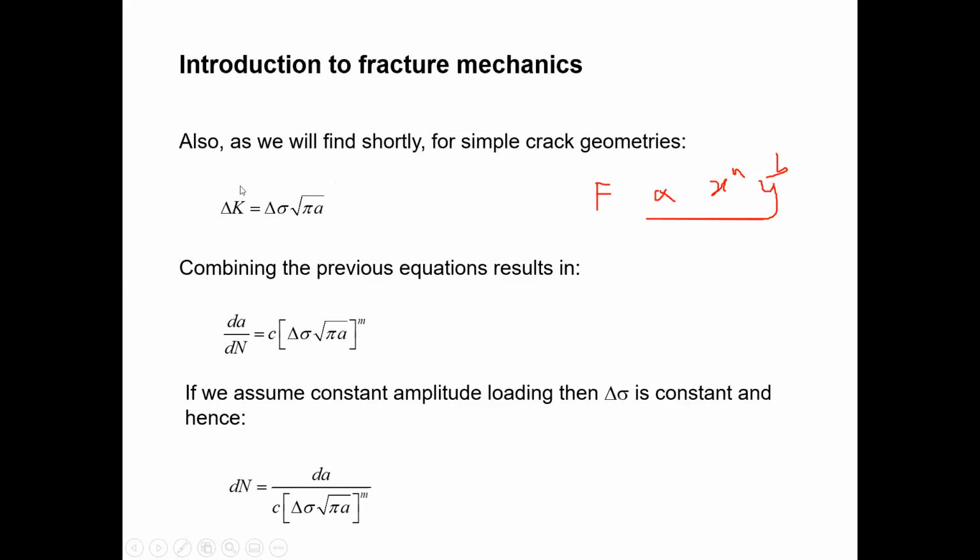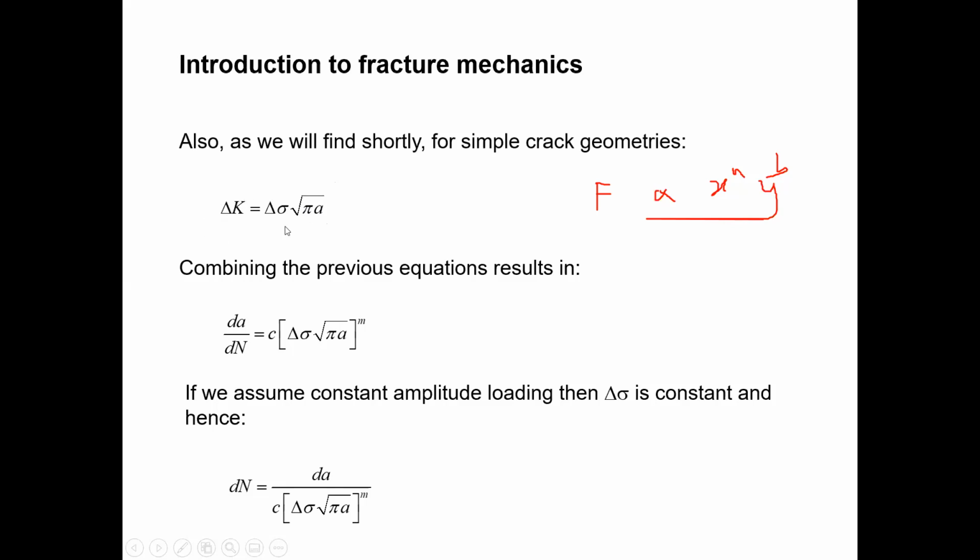So they already found the relationship between the stress range and crack length with the stress intensity. But you will learn later that this equation also varies with the crack shape and other things.